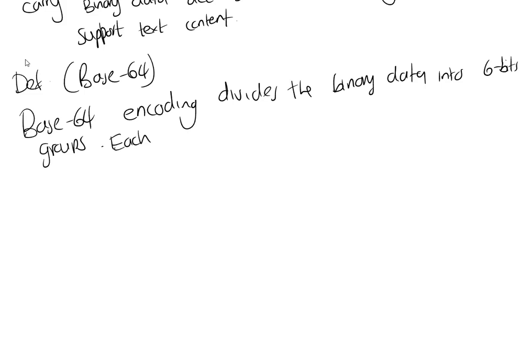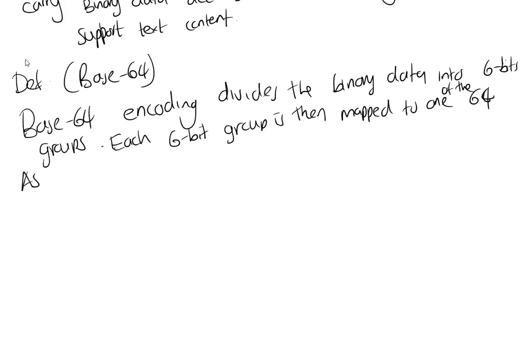Each 6-bit group is then mapped to one of the 64 ASCII characters, forming the base 64 encoded output.